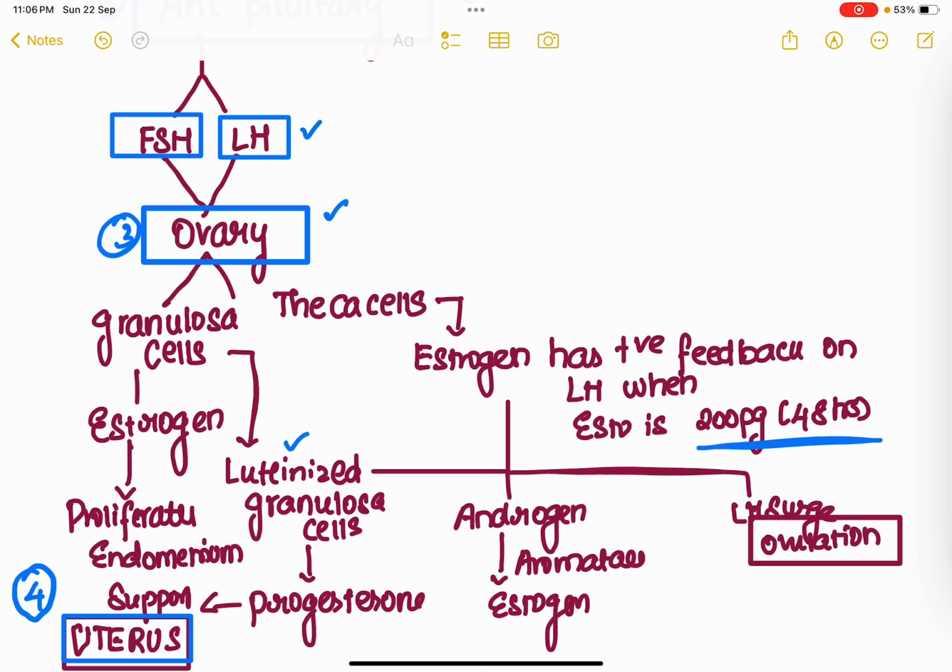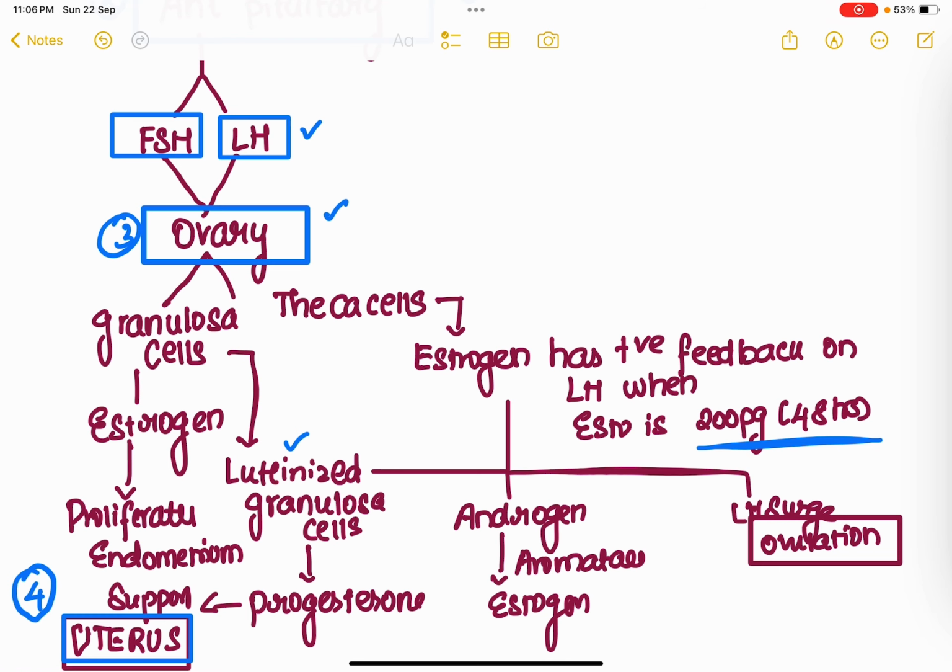One is that it will luteinize the granulosa cells and release progesterone. The major function of progesterone is to support the uterine endometrium. Another is that it will also produce androgen from the theca cells. This androgen will later convert into estrogen with the help of the enzyme aromatase.